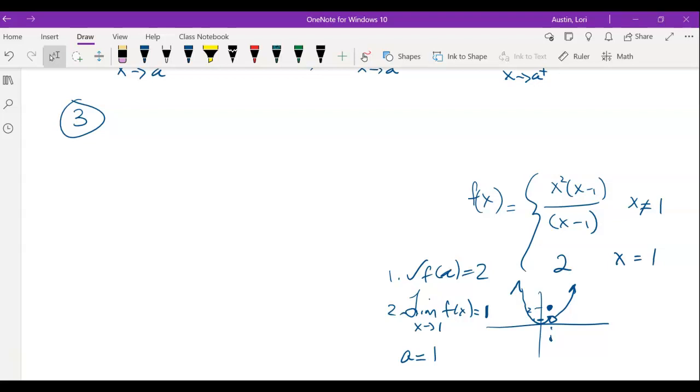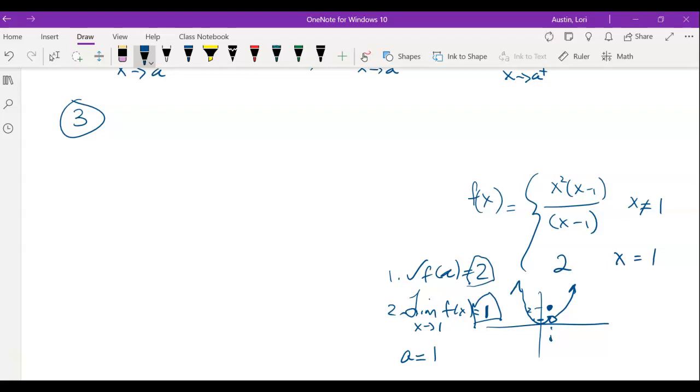Not the squeeze theorem. Notice the function's value was 2, but the limit was 1. In order for it to be continuous, what do they have to do?